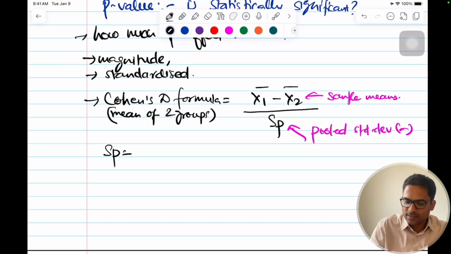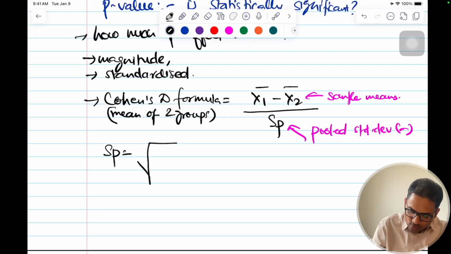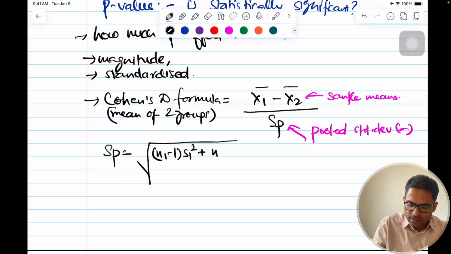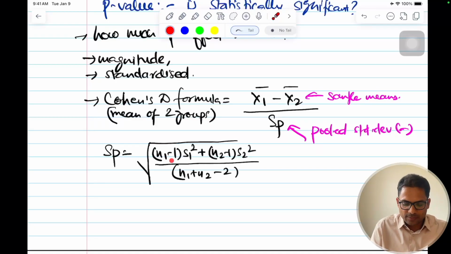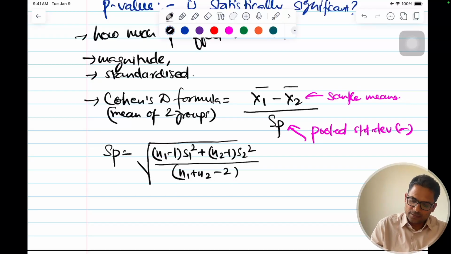It is equal to the square root of (n1 minus 1) s1 squared plus (n2 minus 1) s2 squared, divided by n1 plus n2 minus 2. This comes from degrees of freedom, or Bessel's correction. We can check that. So this is your pooled standard deviation formula, and we plug it in here.